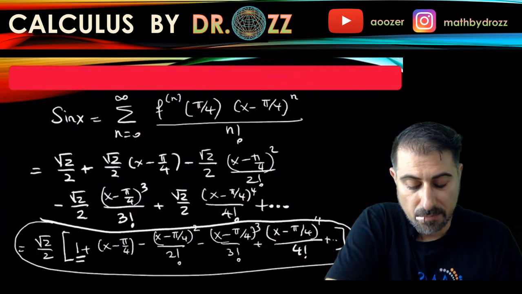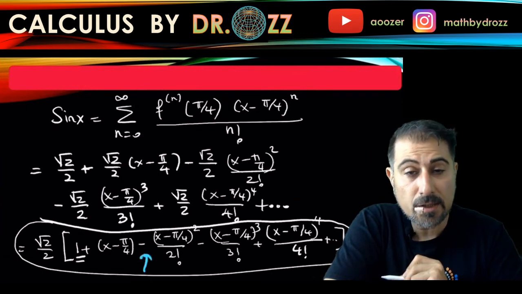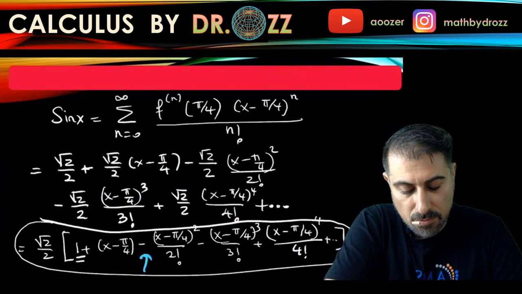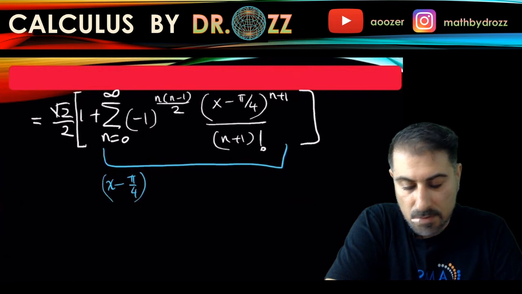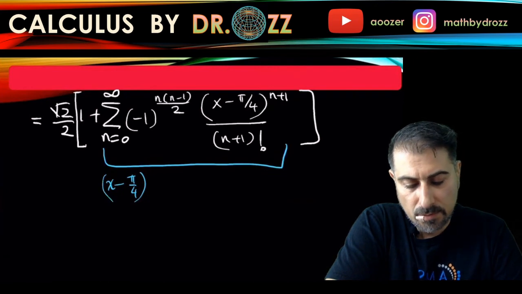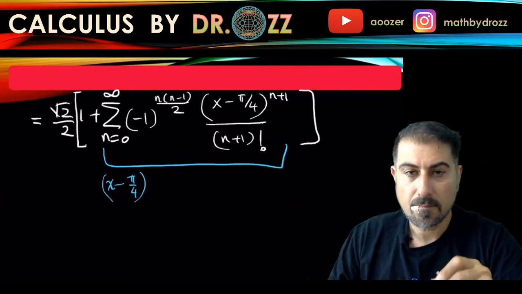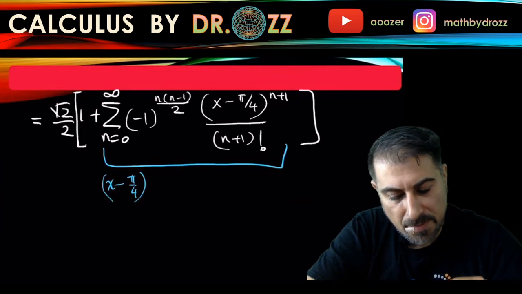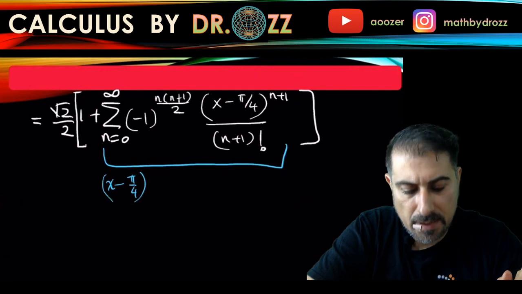Let's check. That should be the n equals 1 case. If n equals 1, that's 0, that's minus, x minus pi over 4 squared over 2 factorial. Right, I think that should be plus 1, otherwise it doesn't work. So instead of n minus 1, we should have n plus 1.